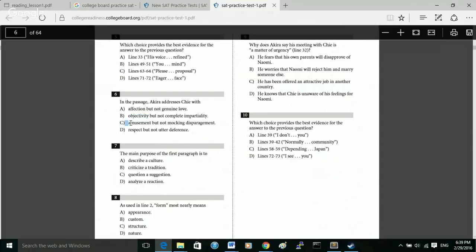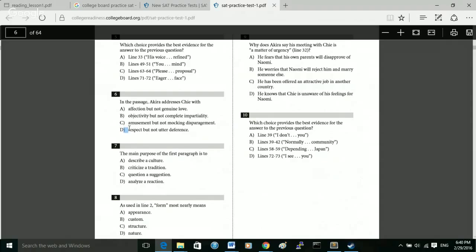opinions. Is it answer choice C? Amusement but not mocking disparagement. No, Akira's not at all having fun by asking for Chi's hand in marriage. He's being extremely serious. So answer choice C is incorrect. So we're left with answer choice D. Is Akira trying to be respectful to Chi but not utter deference?